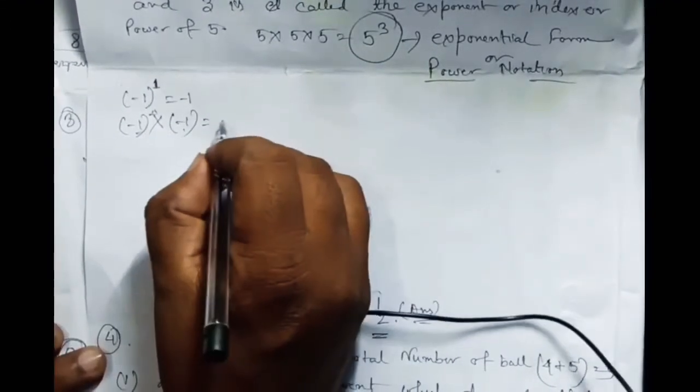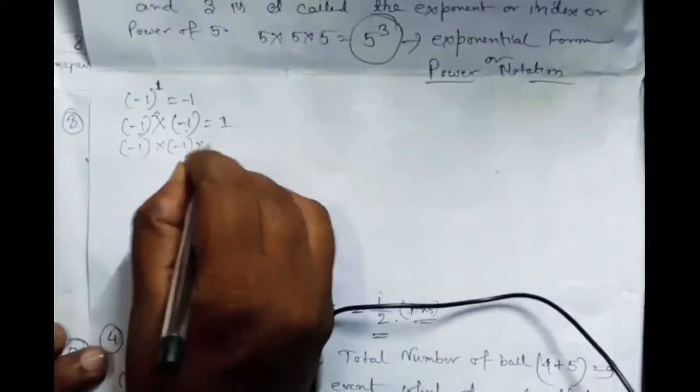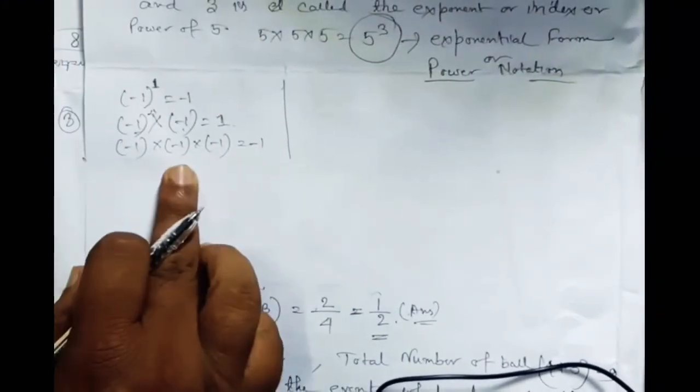So here we are getting +1. Again -1 into -1 into -1, the multiplication of minus 3 times, so we are getting -1. This is for -1, this is a very easy case.